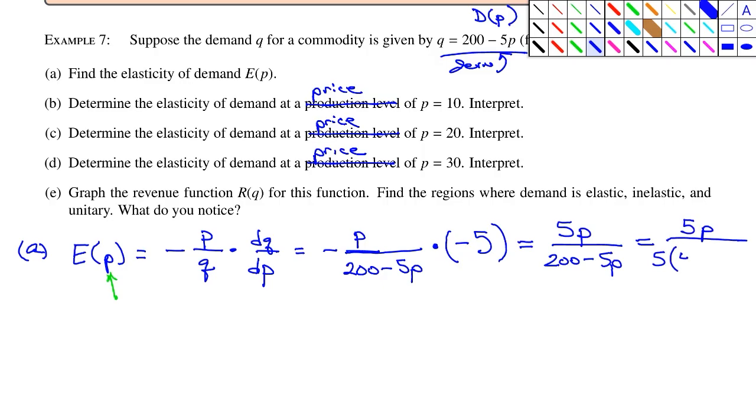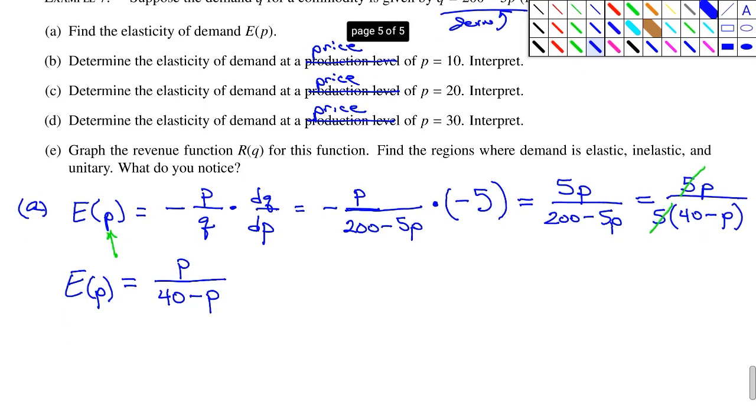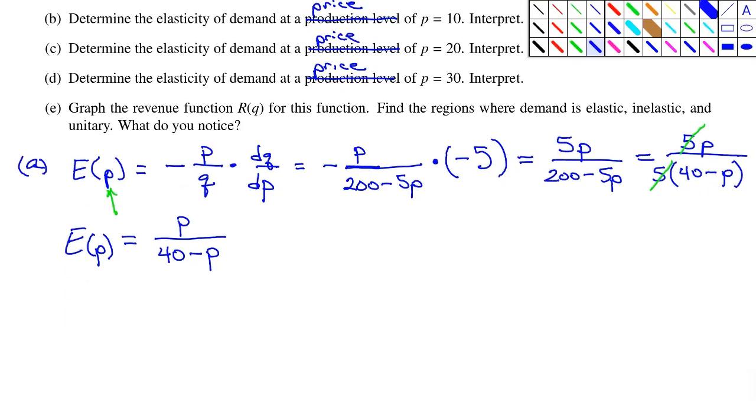That leaves me with 40 minus P. And then the 5's cancel. And that leaves me with E of P is equal to P over 40 minus P. And that's your elasticity of demand function.